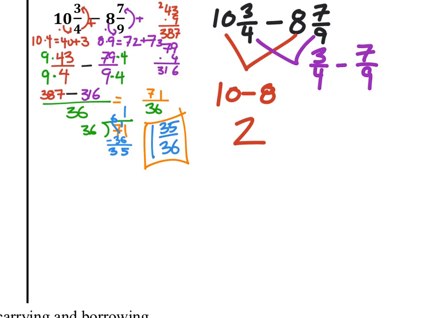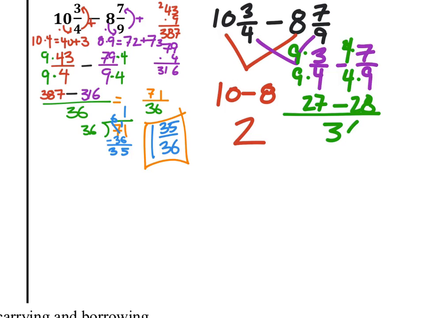And again, we need common denominators. We'll just continue to use that same method by multiplying each of the fractions by the opposite denominator, which is going to make that 27 36ths minus 28 36ths, right?